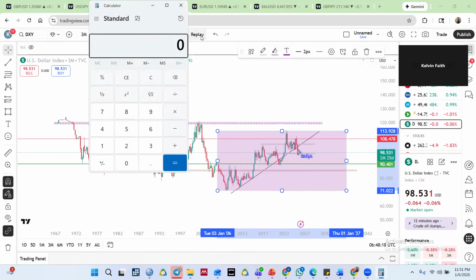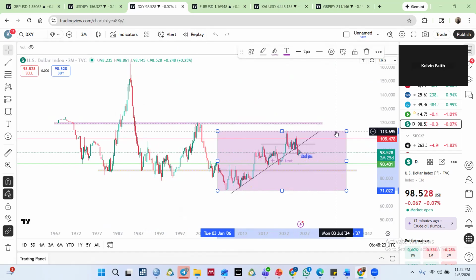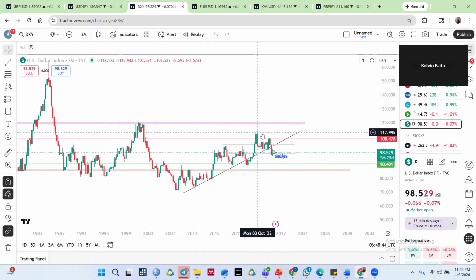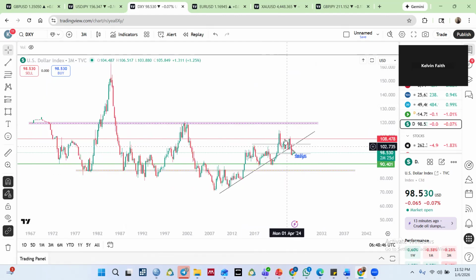Looking at it from this perspective, I can say the market is bullish, but it looks like it is moving up to retest this area of supply or resistance, this lower high. We can see the market is trying to make another lower high, but we don't know yet if this lower high is going to hold or not.